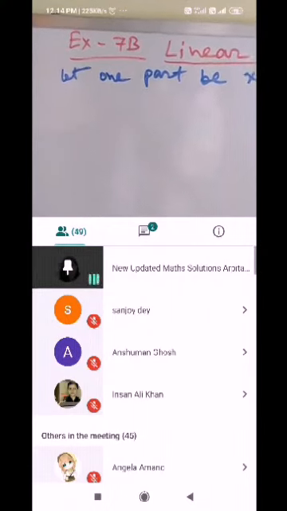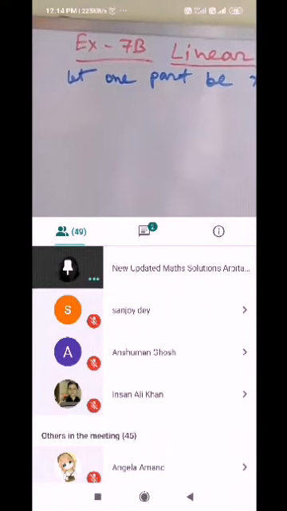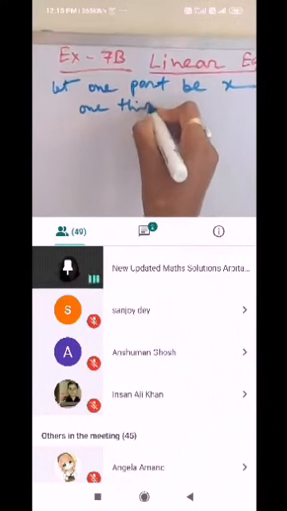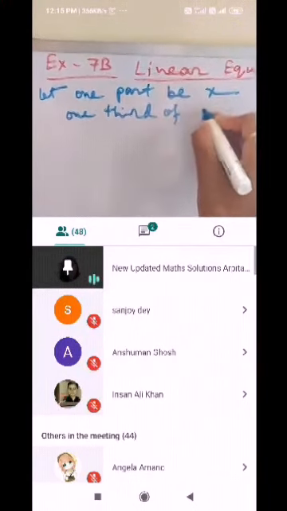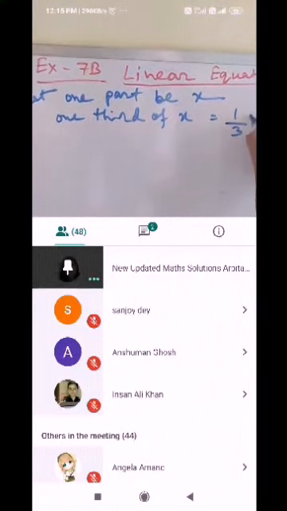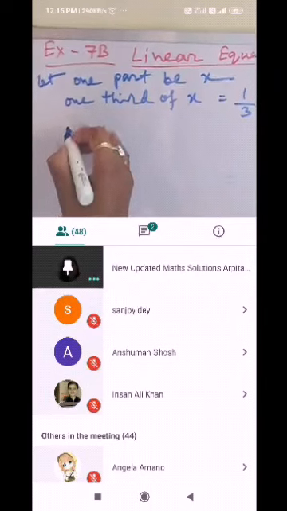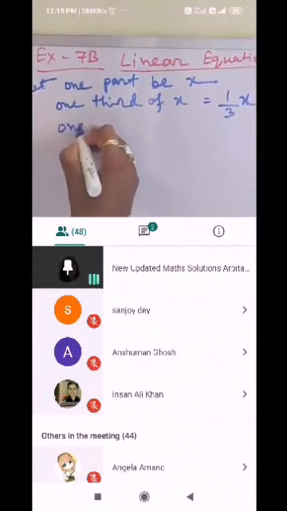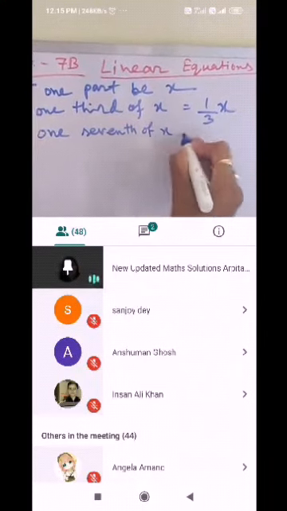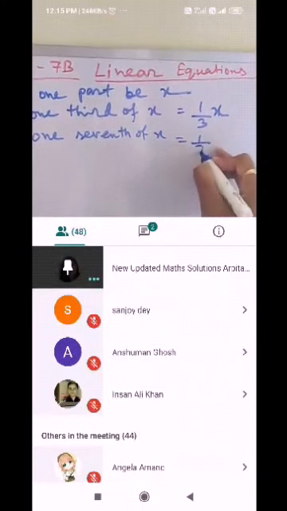Such that 1/3 of one part, 1/3 of X equal to 1/3x, and 1/7 of X equal to 1/7x.